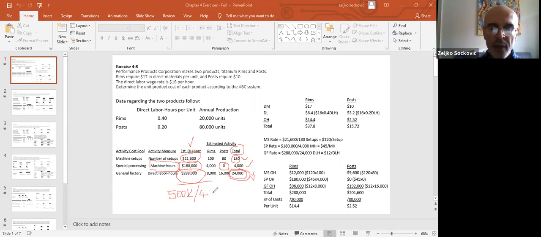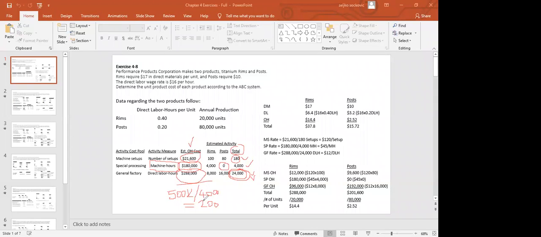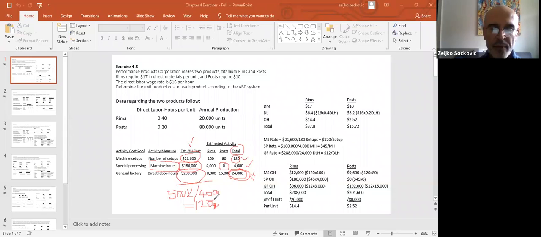So 500K divided by 4,000 is what? $200, right? No, not 200. 125. I don't know why I'm saying 200. $125, right? This is now our POHR. $125 per what? Per machine hour, right?